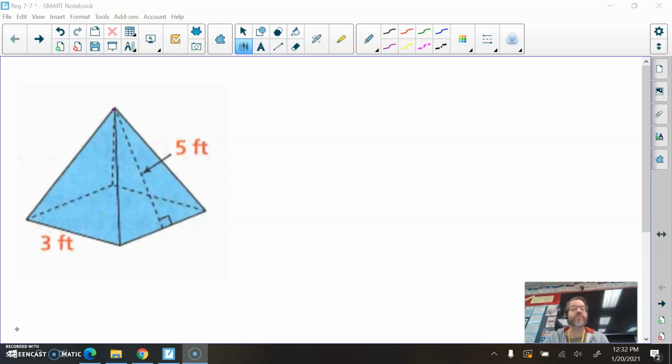If you look at this figure here that's shaded blue, we have a pyramid. And I want you to think about what shapes do you see here? What shapes do we have for the different faces of this pyramid? Well, I'm noticing pyramids always have triangles in them.